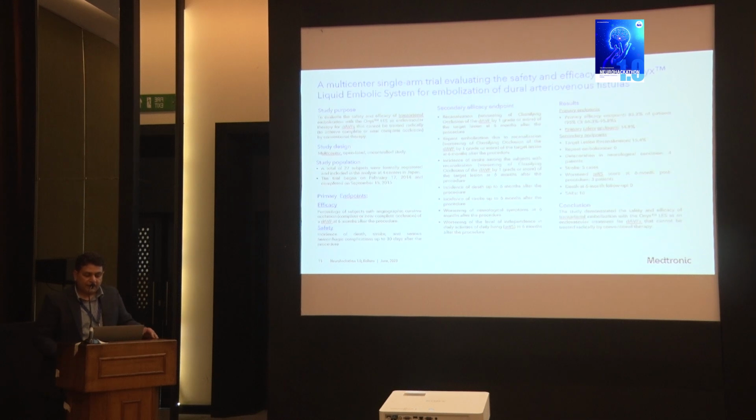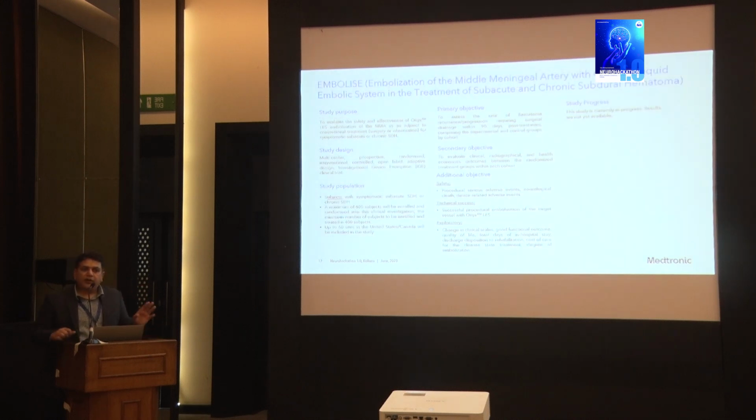The second one is that safety and efficacy has been demonstrated for dural AV fistulas. And the last one is there is an embolization trial in progress for use in middle meningeal artery embolization. The study is not complete. It's more than, I think, 400 subjects. So we hope to get the results for this very soon, but this study is in progress.